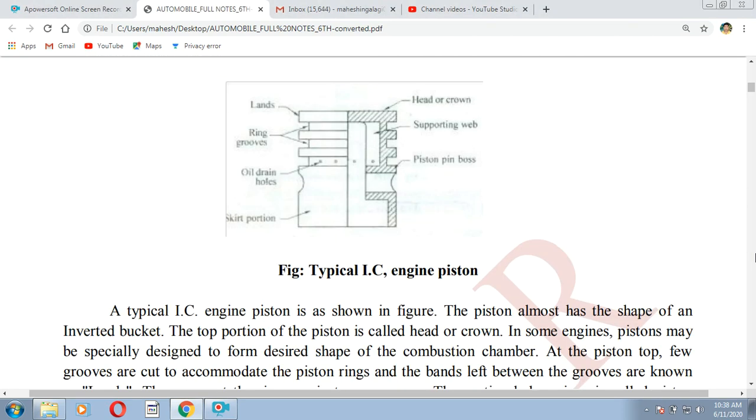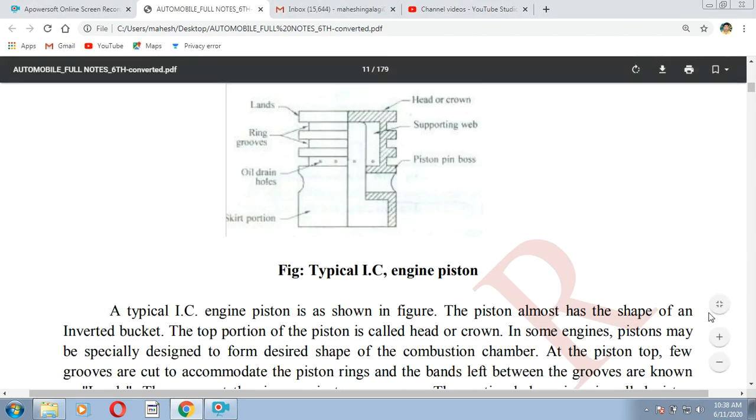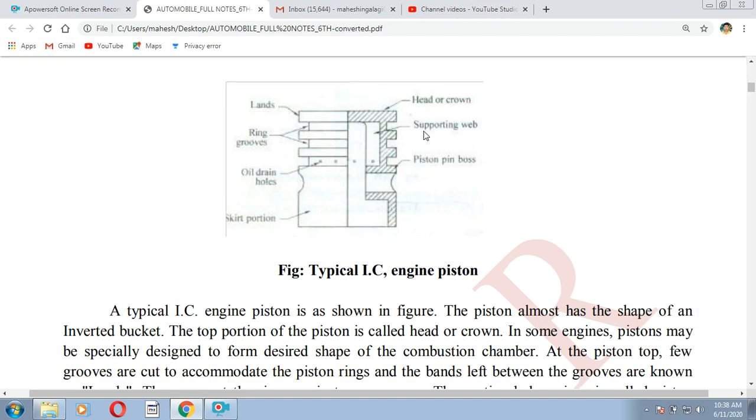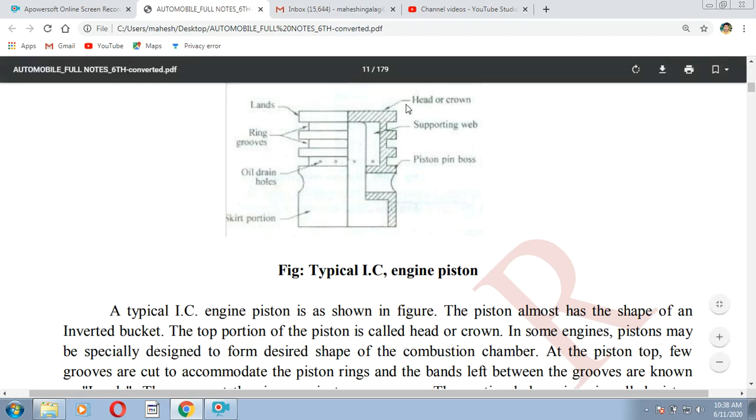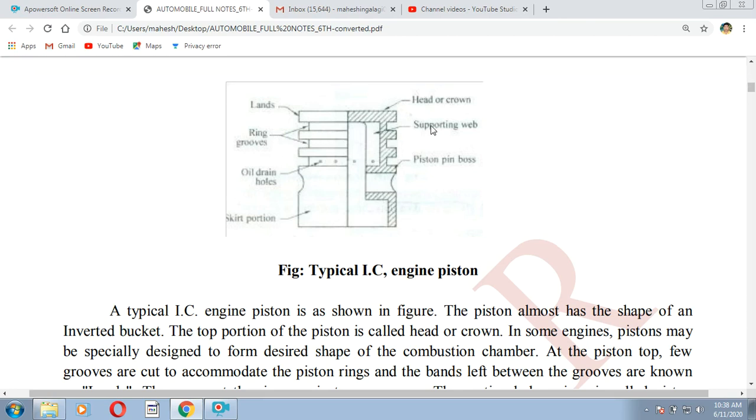And now the diagram for the piston. This is the line diagram for the piston, you may observe clearly. The integral parts of the piston are, first, the head crown. Rings are provided here, so ring grooves. Around the piston they provide grooves, and the supporting web is here.